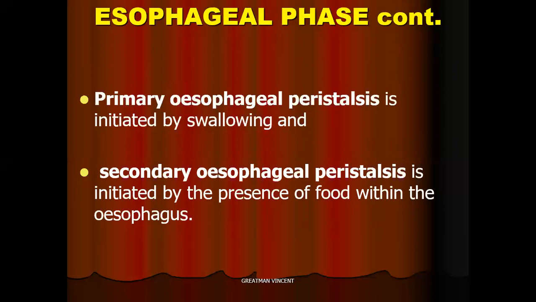However, if this wave mechanism is not enough to propel food down, there will be another form of peristalsis, called secondary esophageal peristalsis, to ensure that food is adequately pressed down. Don't forget, this is different from what we call the migrating myoelectric complex. I'll take you through that in the next session. But for now, let's limit ourselves to primary esophageal peristalsis, initiated by swallowing, and secondary esophageal peristalsis, initiated by the presence of food within the esophagus.